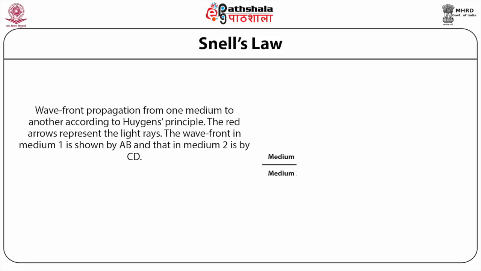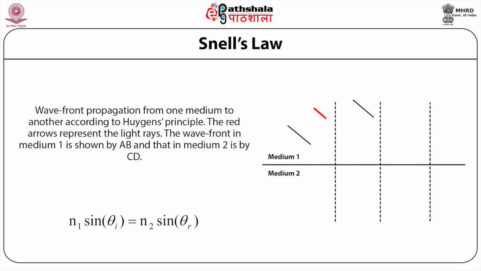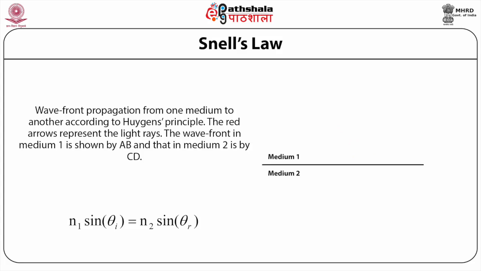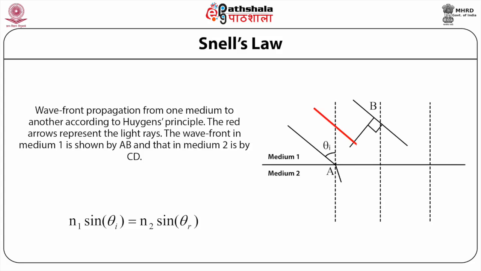If the angle of incidence was theta I and the angle of refraction was theta R, then according to Snell's law, n1 times sine theta I should be equal to n2 times sine theta R, where n1 is the refractive index of medium 1 and n2 is the refractive index of medium 2.